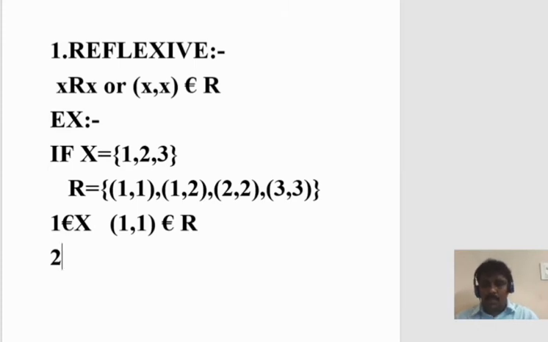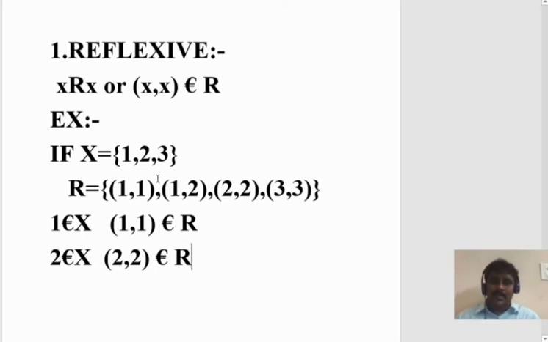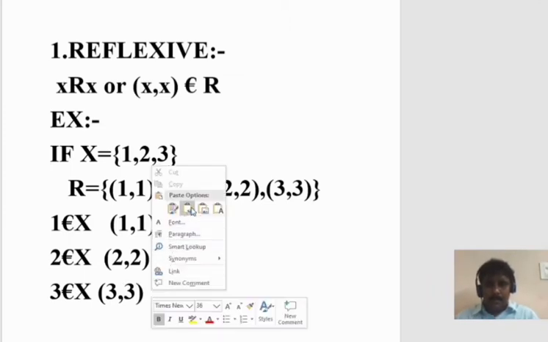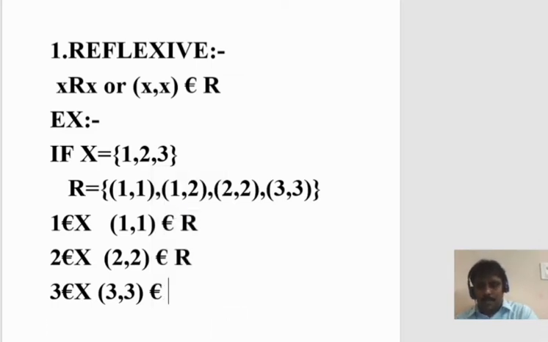Next we take another element, 2. Since we have 3 elements, we have to check all 3. 2 belongs to X, that means (2,2) belongs to R. Yes, (2,2) belongs to R. Now we take 3. 3 belongs to X. Now (3,3) belongs to R. Yes.